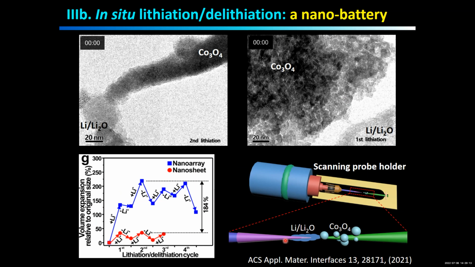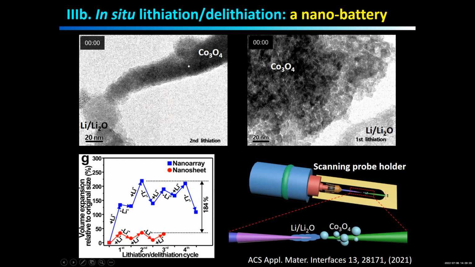And when these two probes get in contact with each other, it forms a nano battery, which can perform charge-discharge cycling inside the TEM. So this way, we can directly observe the lithiation-delithiation behavior on this active material, as demonstrated here.